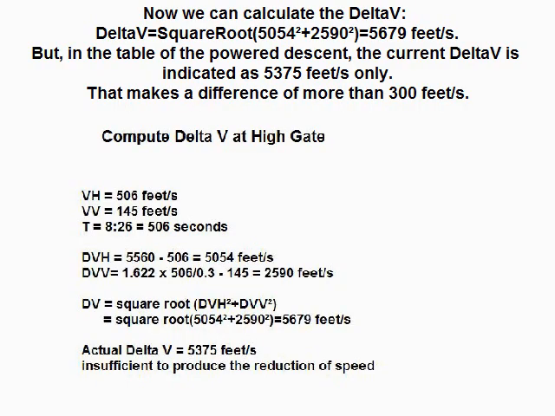Now we can calculate the delta V. Delta V equals square root of 5054 squared plus 2590 squared equals 5679 feet per second. But in the table of the powered descent, the current delta V is indicated as 5375 feet per second only. That makes a difference of more than 300 feet per second.